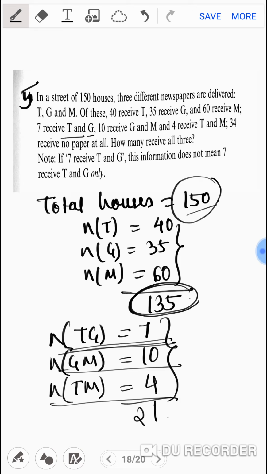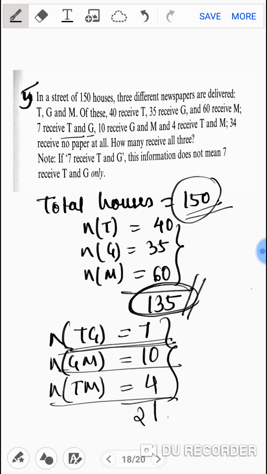Now 150 out of 150, 135 total receives. Yes, the remaining will be, no, I should not be doing this. Rather I'll be taking this like in a Venn diagram.